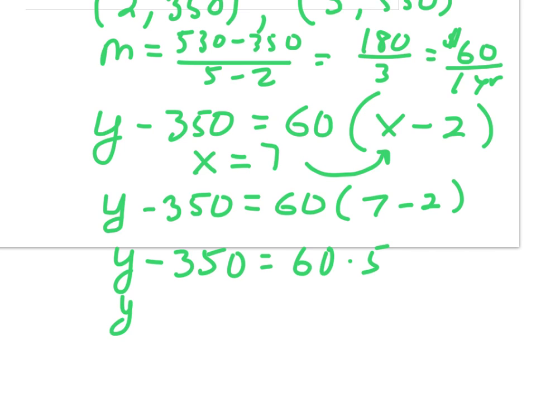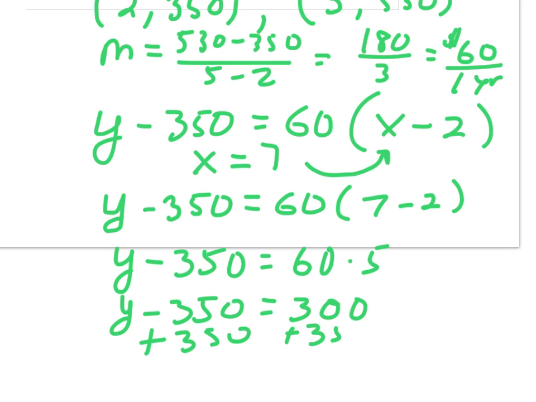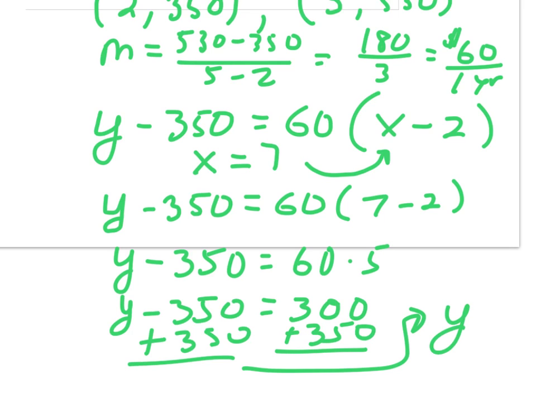So y minus 350 equals 300. I add 350, and after 7 years, the clock is worth $650, right? Wait, why did you multiply by 5? Why did I multiply by 5? Because that's what 7 minus 2 was. Okay? All right.